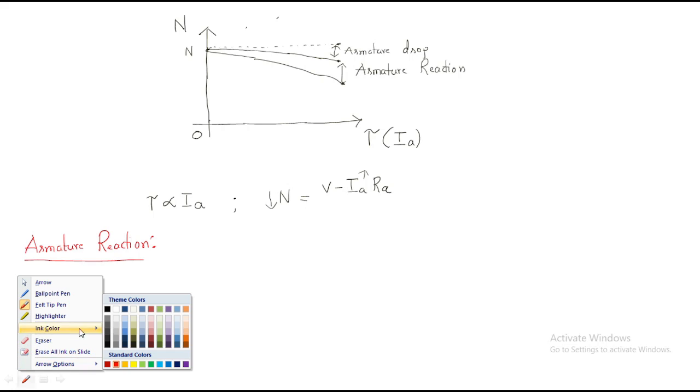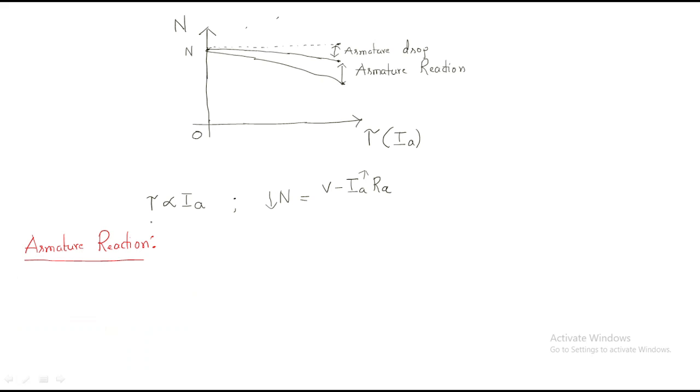That means the armature flux opposes the main field flux.